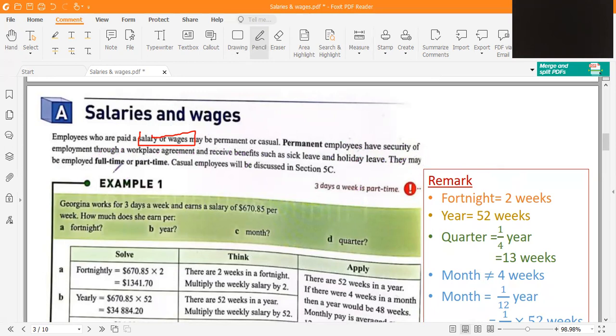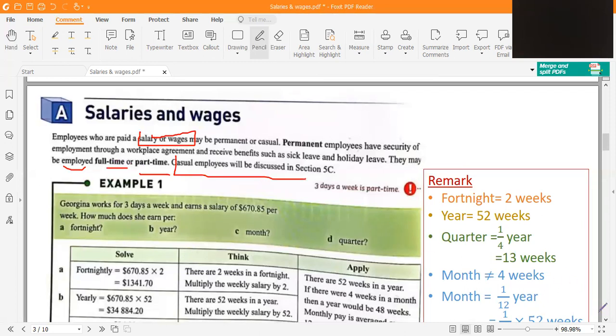They may be employed as full-time or part-time. Casual employees will be discussed in the next sections.